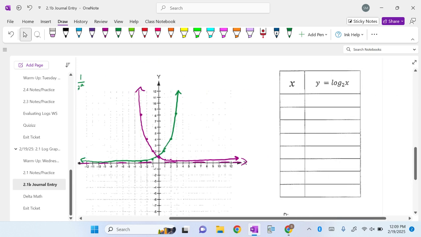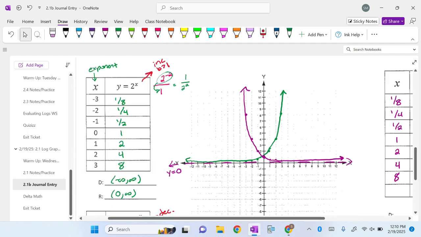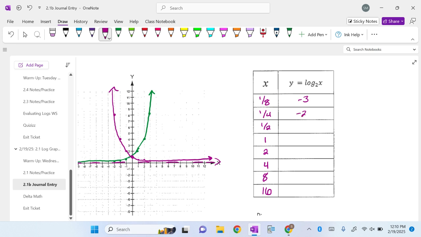So I'm going to take a moment and write those down. So I got 1/8, 1/4, 1/2, 1, 2, 4, 8, and it has an extra one, 16. So this would be -3, -2, -1, 0, 1, 2, 3, and then this one's 4.